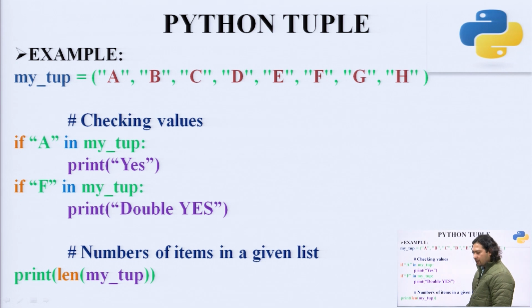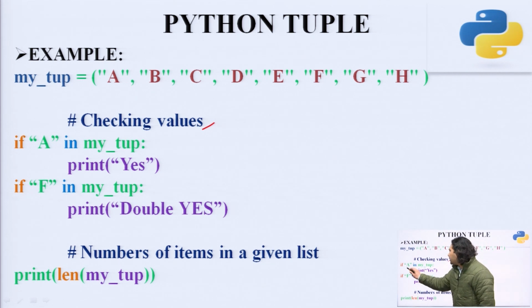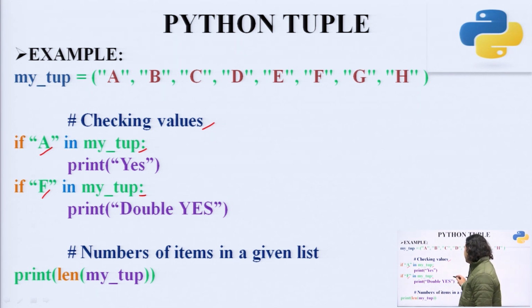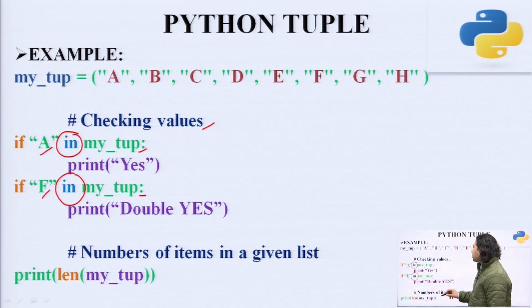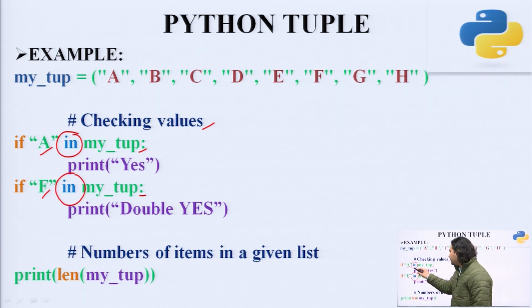What is happening next is we are checking whether A and F are lying in the tuple or not, and I think it is very clear that you should use the membership operator. We are going to use the membership operator in. If this condition holds true, you will get yes.